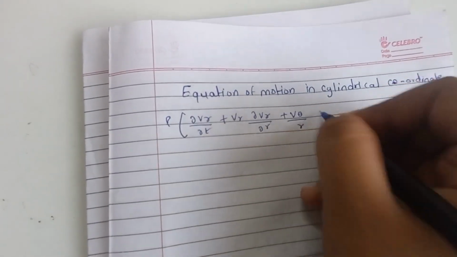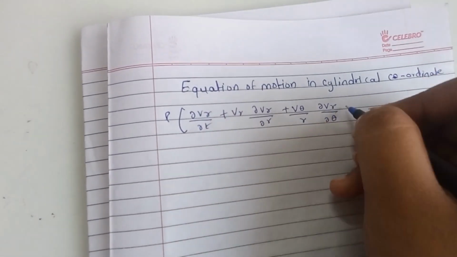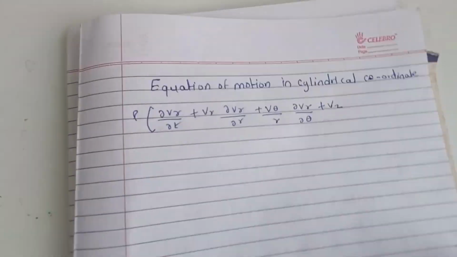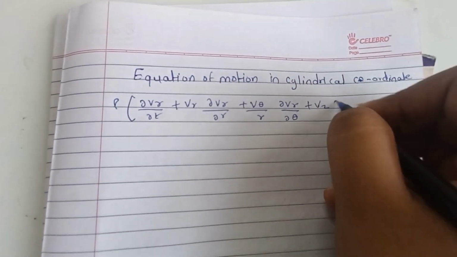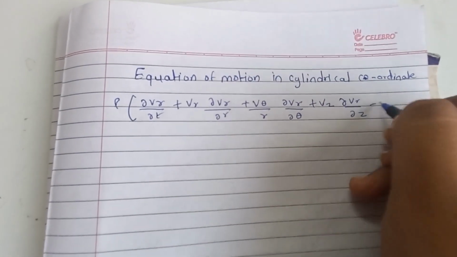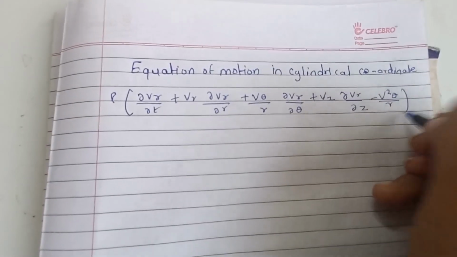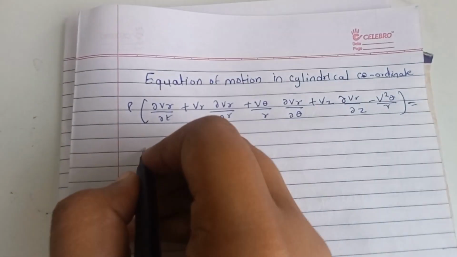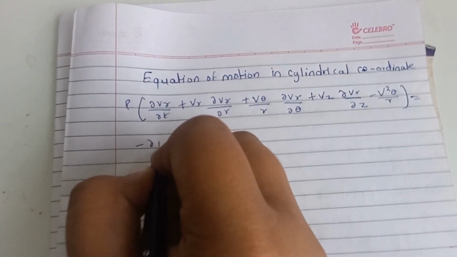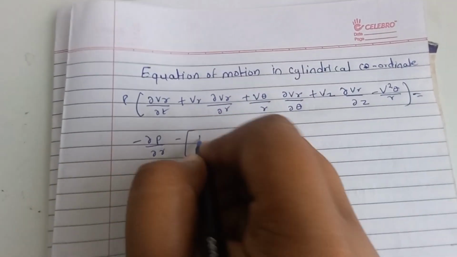So we write it for the r equation of motion, that is density into del Vr upon del t plus Vr into del Vr upon del r plus V theta upon r into del Vr upon del theta plus Vz into del Vr upon del z minus V theta square upon r. The whole term represents the left hand side term.